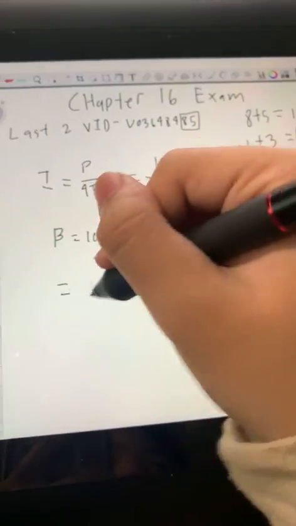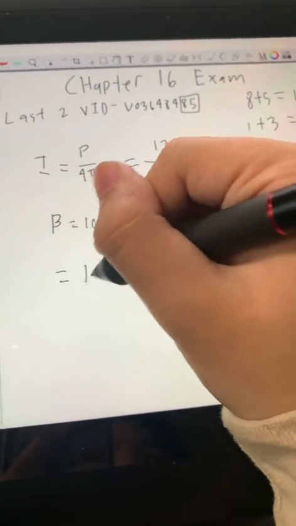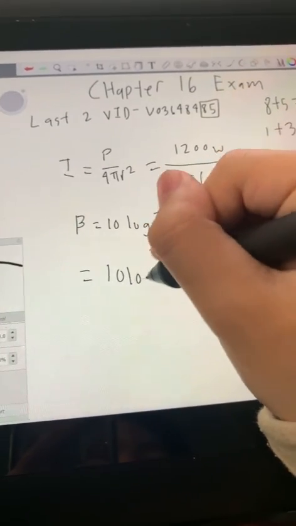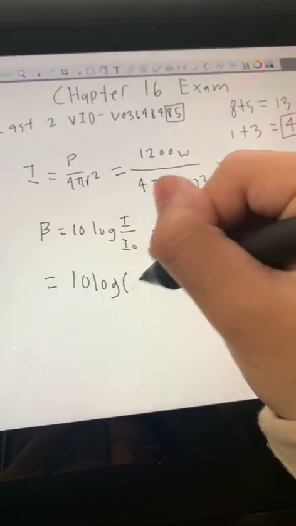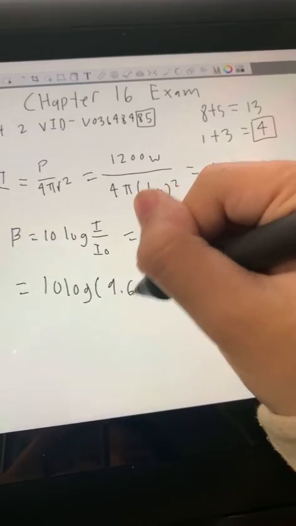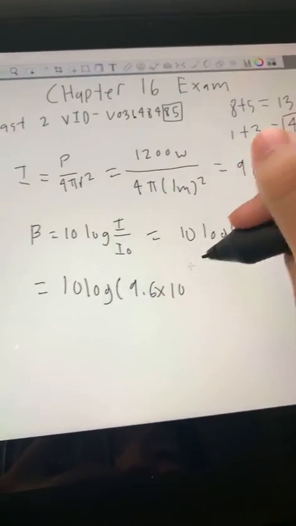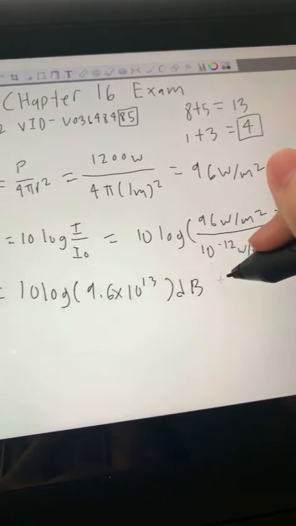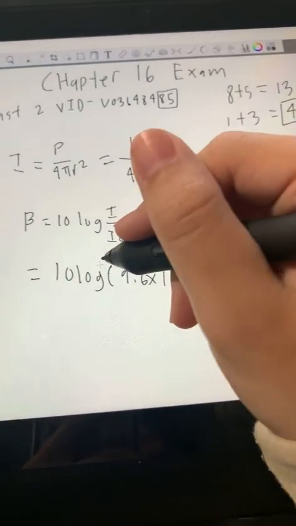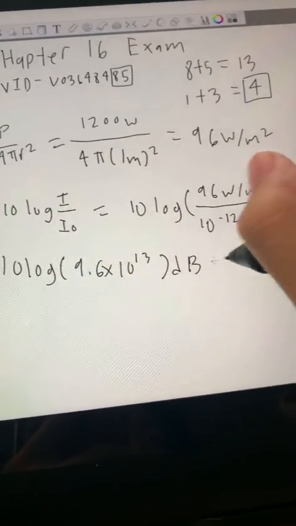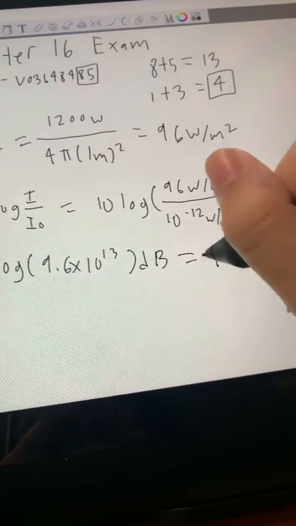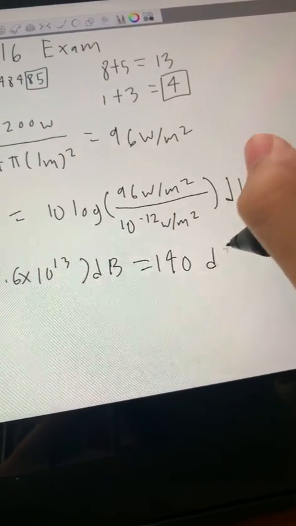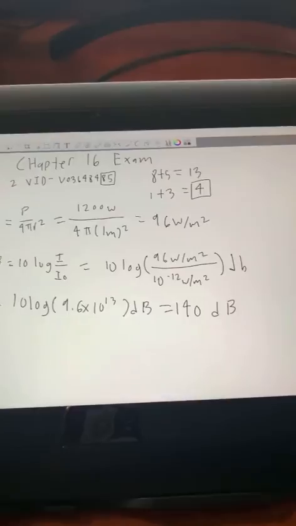And this would equal 10 log of 9.6 times 10 to the power of 13 decibels. And after converting all of this, this would equal 140 decibels for question 1.